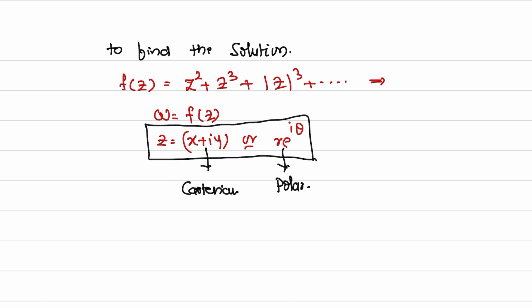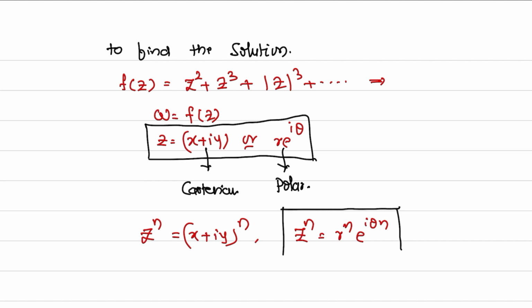Z to the power of n is equal to x plus iy to the power of n. This is one transformation, and z to the power of n is equal to r to the power of n into e to the power of i theta n. Both are equally competent. One system will be very good at one place, another system will be very good at another place.